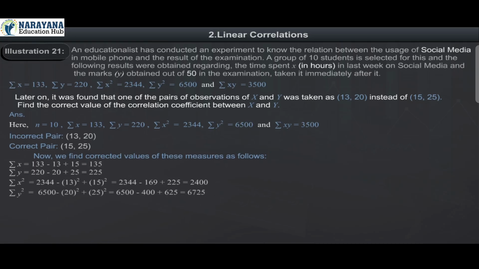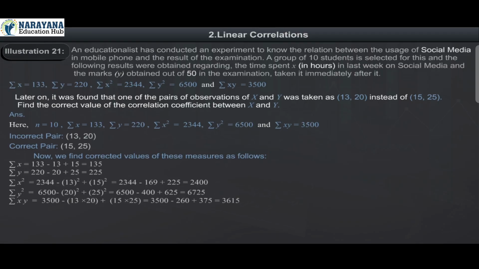Sigma y square is equal to 6500 minus 20 square plus 25 square is equal to 6500 minus 400 plus 625 is equal to 6725.